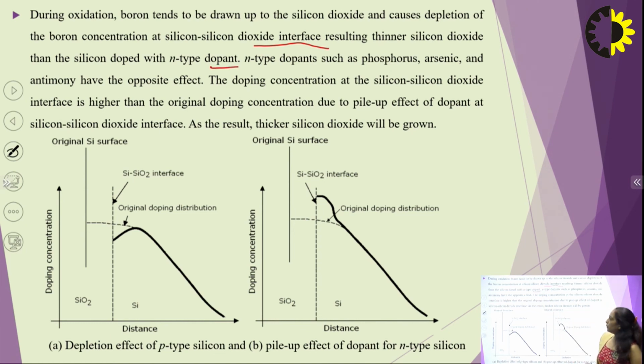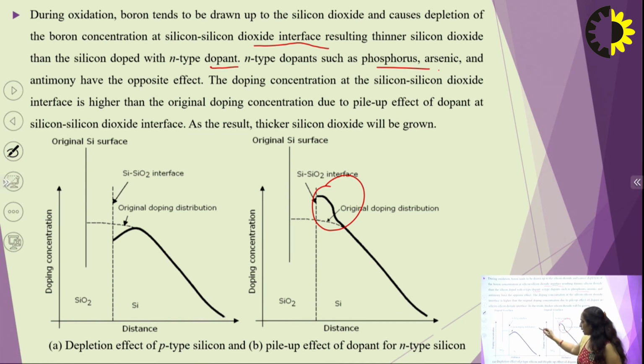So, n-type dopants such as phosphorus, arsenic or antimony have the opposite effect. The doping concentration in the silicon at the interface is higher than the original doping concentration due to this pile-up effect of the dopants at the interface. So, as a result, thicker oxide layer will be grown when we have this type of dopants.